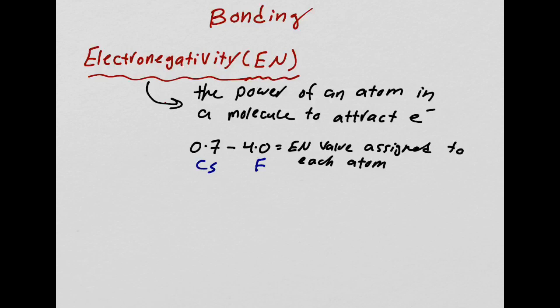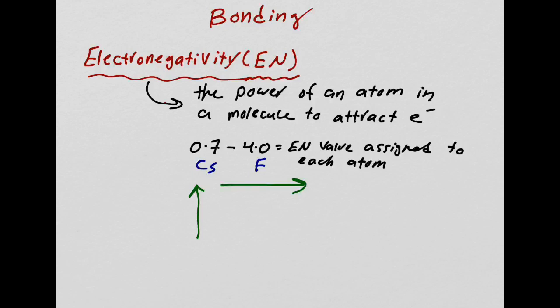I'm not going to give you the EN values on the exam. You're not always going to have access to the EN values, but what you can do is figure it out when you know the trend. If you have a trend and the values are not given to you, you can easily figure it out.